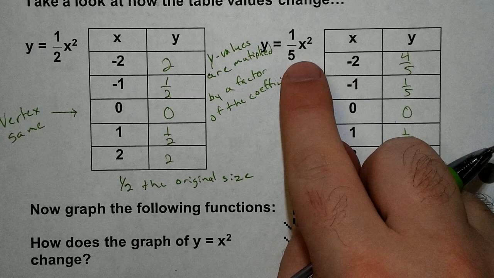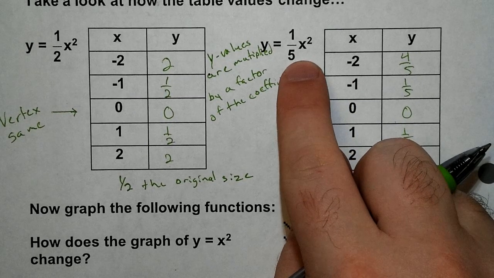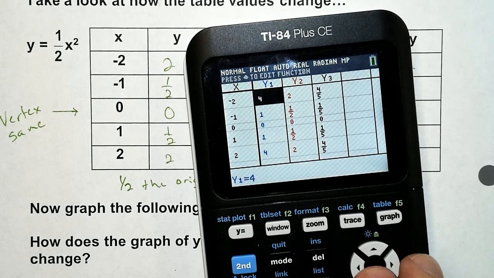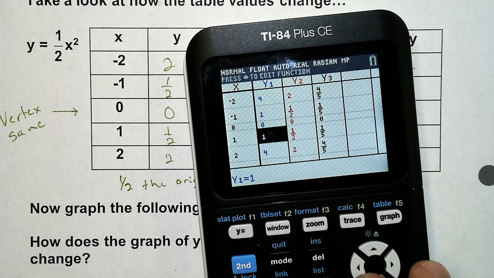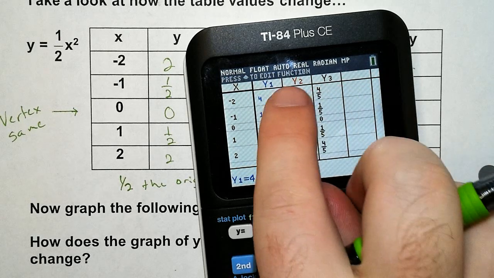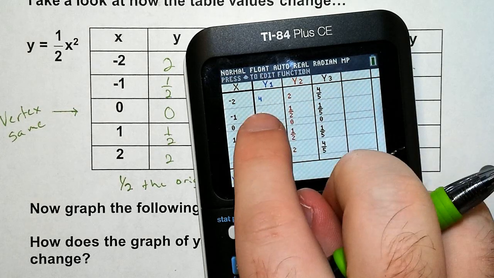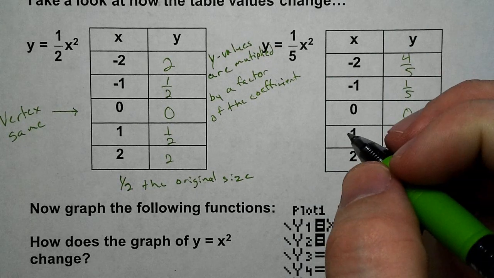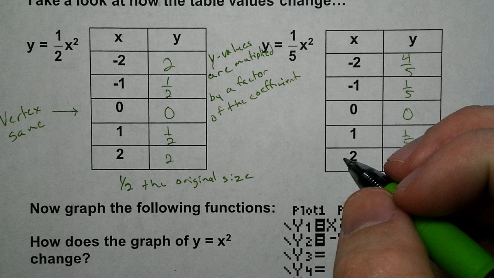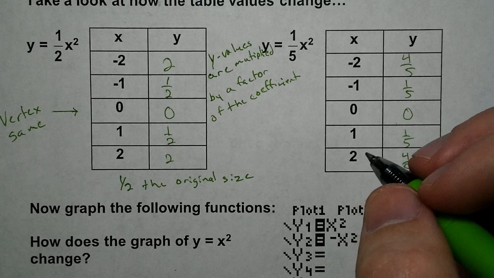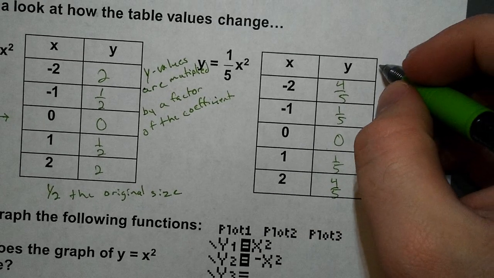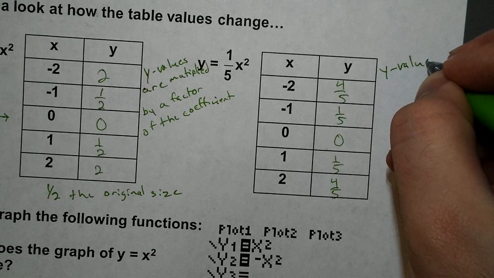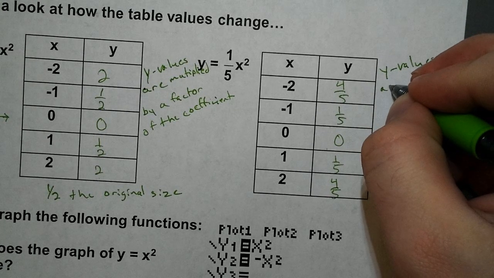Now, let's look at this one, 1/5. What do you think happens with these y values? Well, it goes from 4 to 4/5, 1 to 1/5, 1 to 1/5, 4 to 4/5. Each of these values is 1/5 the size of the other one. So our y values, once again, are multiplied.